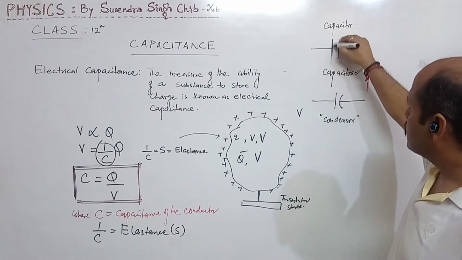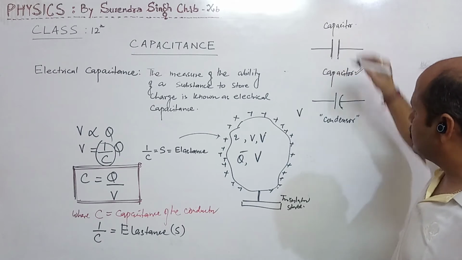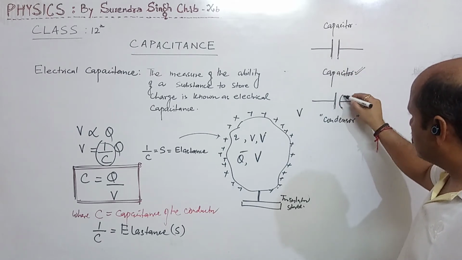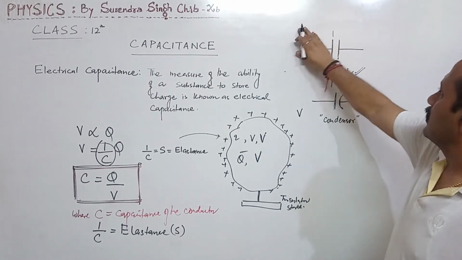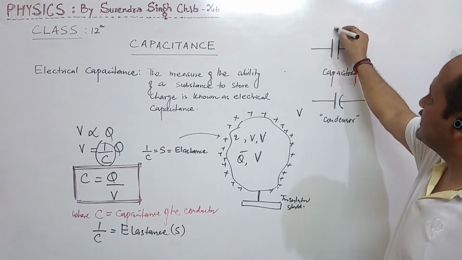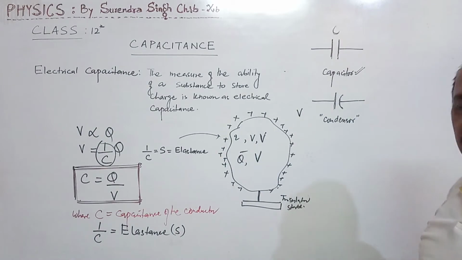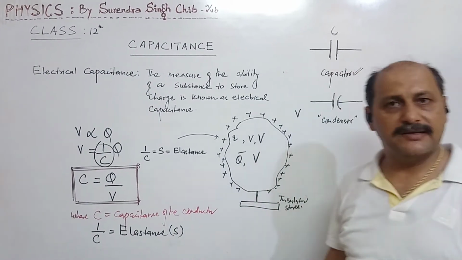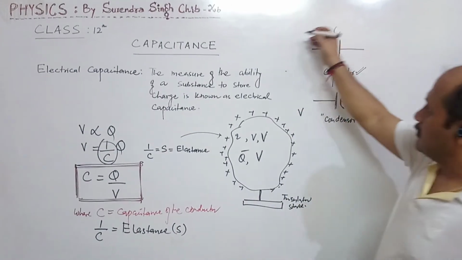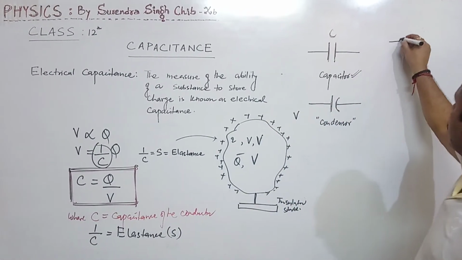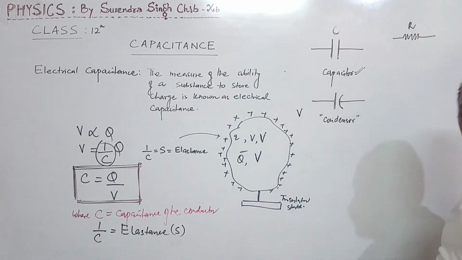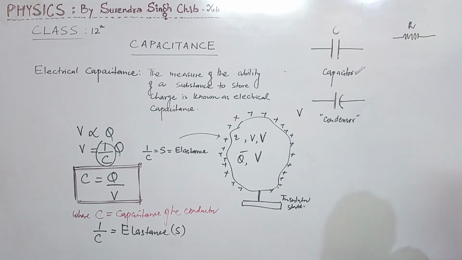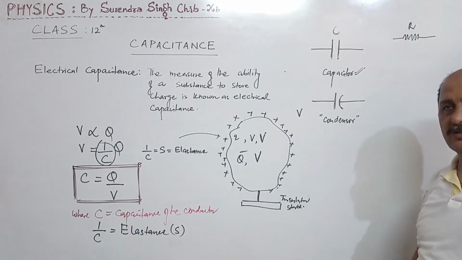These two are parallel plates. This is the condenser, this is the capacitor. And what is the capacitance of a capacitor? C. Like you studied in 10th class or lower classes, we have a resistor, and its resistance is R, the ability to oppose the flow of charge through it.